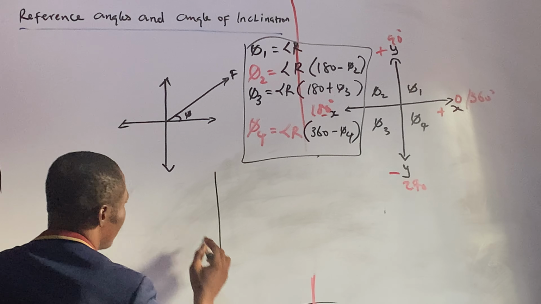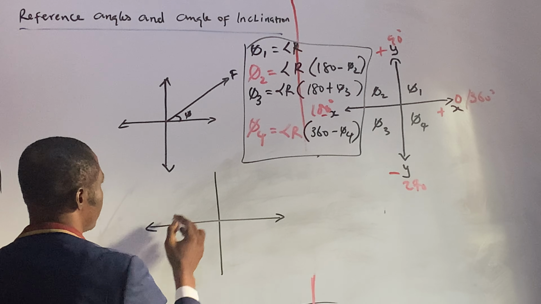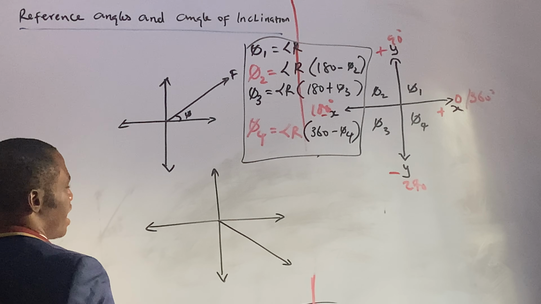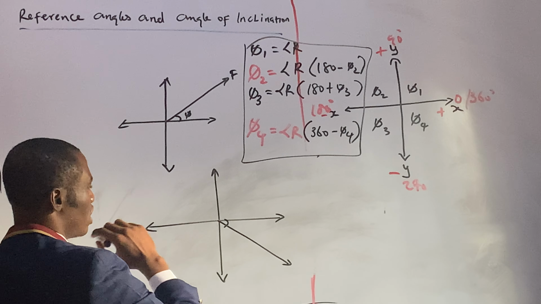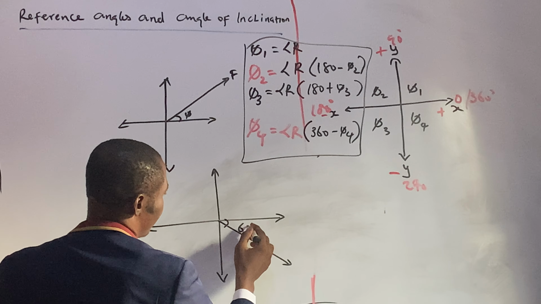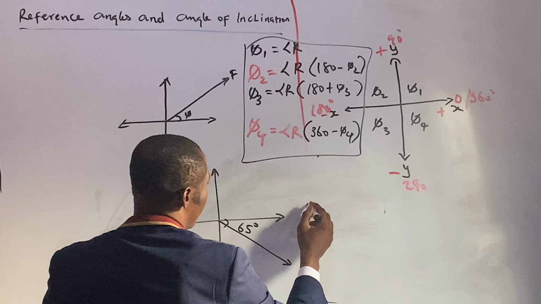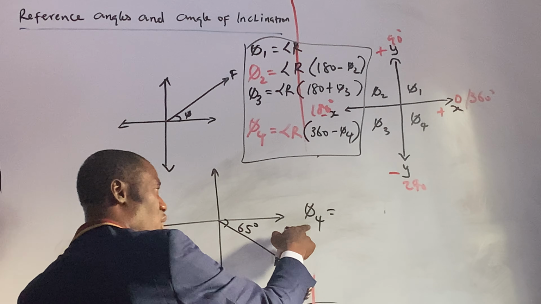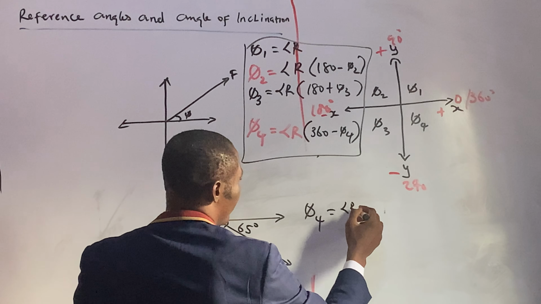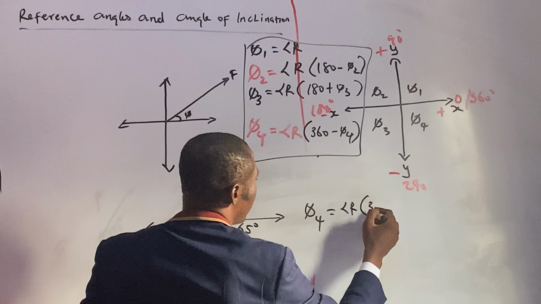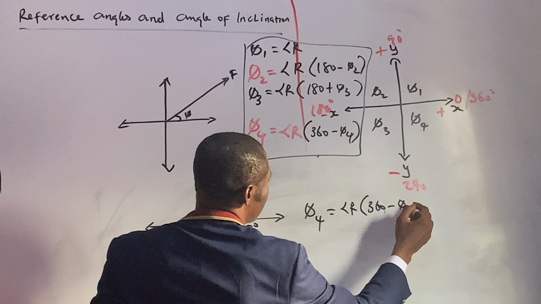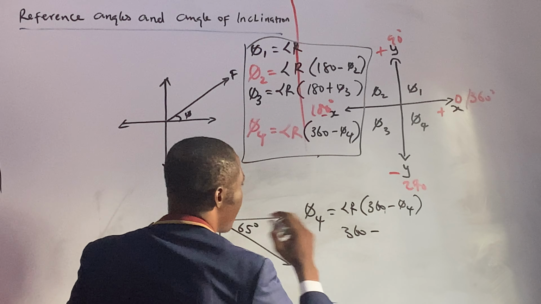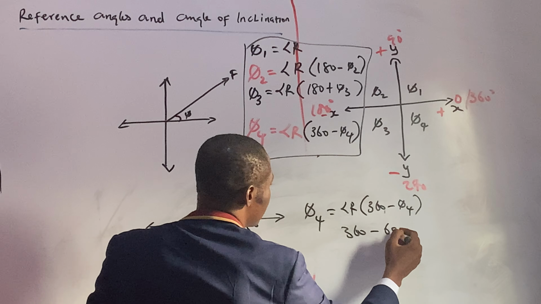Now, let's say we have a question, and an angle is suspended here at an angle of 65 degrees. Remember that my theta 4, the angle of inclination, which is equal to the reference angle, is 360 minus theta 4, which is 360 minus 65.